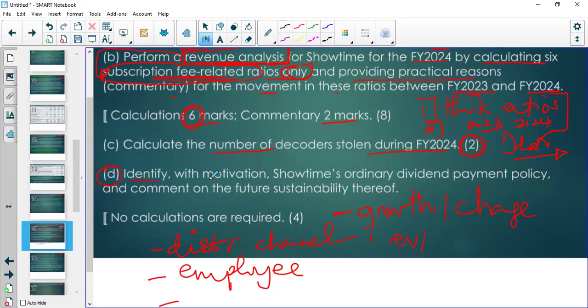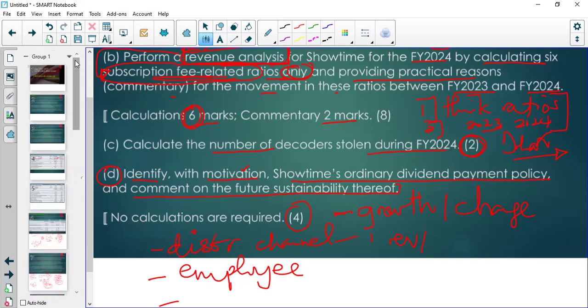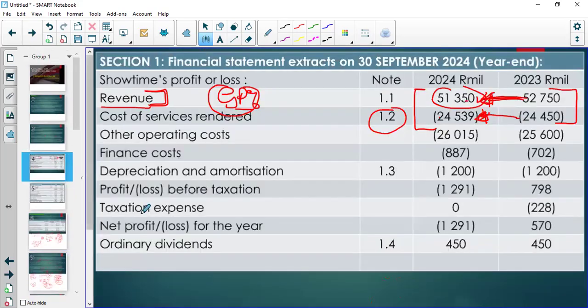Then we need to identify, with motivation, the short-term ordinary dividend payment policy, and comment on the future sustainability thereof. So no calculations required, just 4 marks. That is very easy, but it's not really easy if you are not prepared. So let's look at the ordinary dividends.